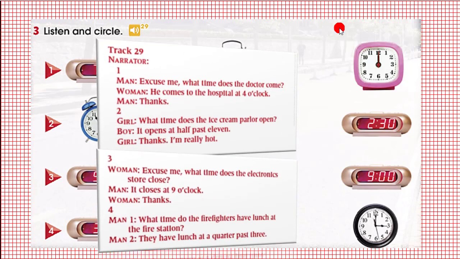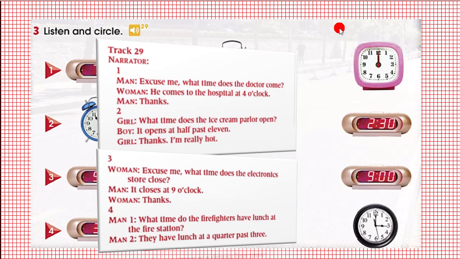1, Excuse me, what time does the doctor come? He comes to the hospital at 4 o'clock. Thanks. 2, What time does the ice cream parlor open? It opens at 11:30.